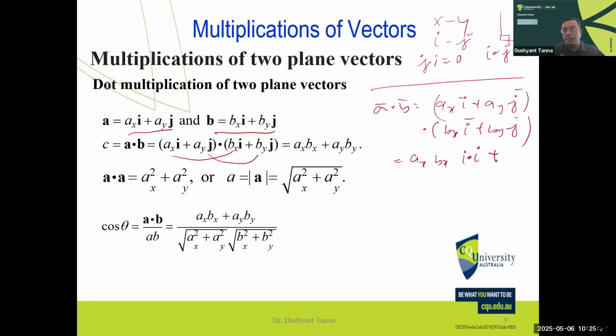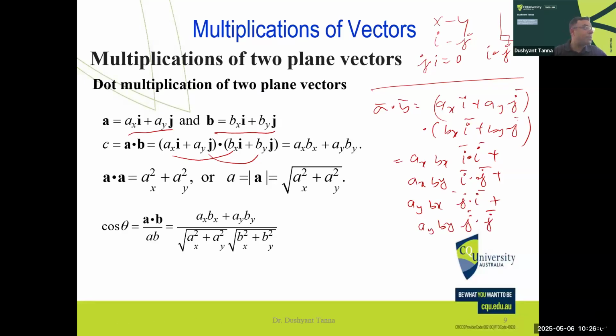Plus AX BY i dot j, plus AY BX j dot i, plus AY BY j dot j.